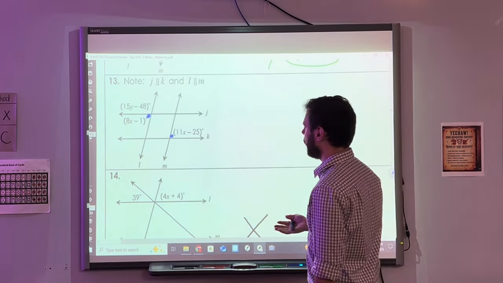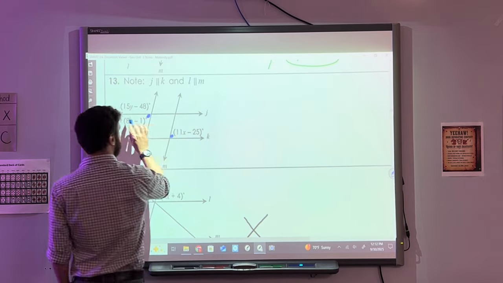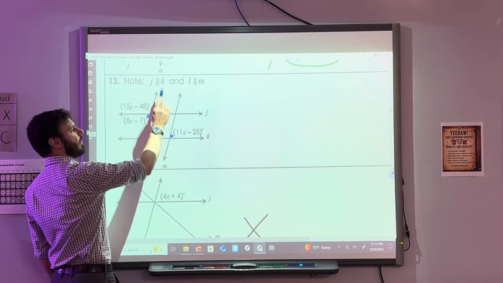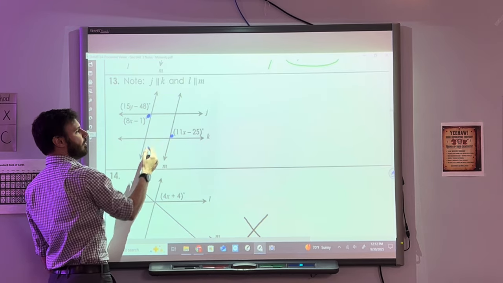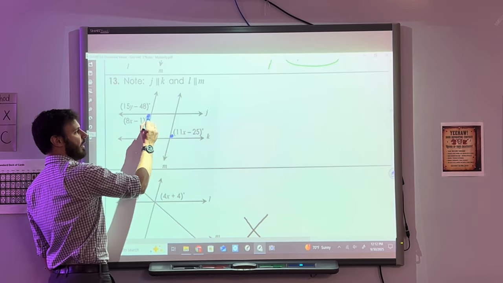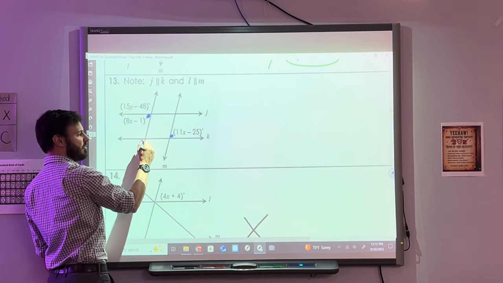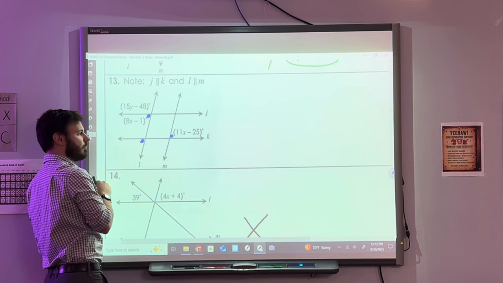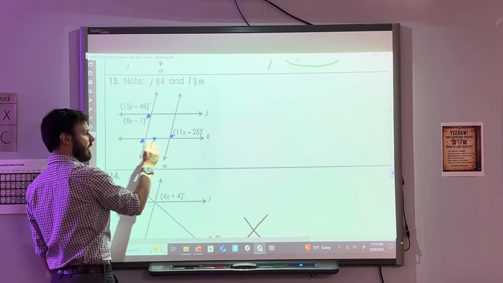But I do know that this line, J, is parallel to this line, K. It tells me that right here. So I know that this angle corresponds to this one here. These are worth the same amount. Well, now I can relate here.